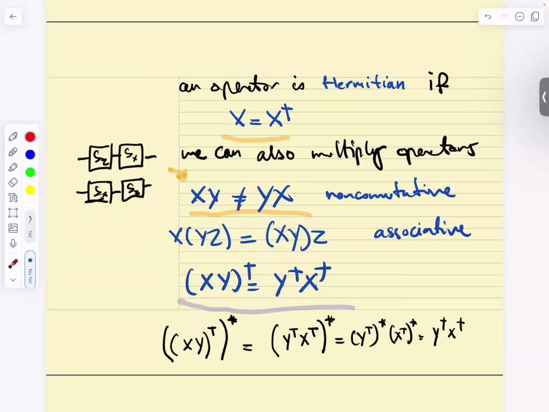So if you have a ket state prepared, when you write XY, it means that you're first performing a measurement of observable Y, then X. This is the order of things, right? So these are ordered.